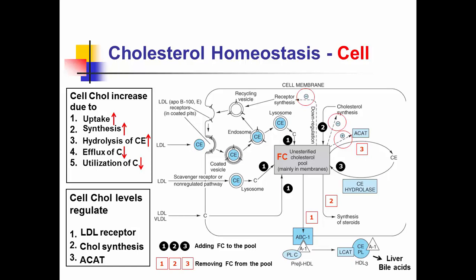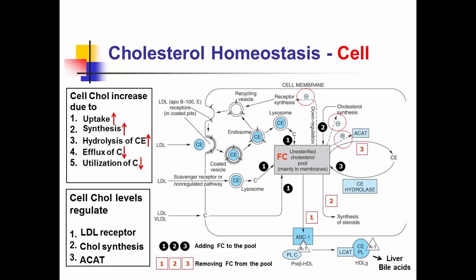And third, the hydrolysis of cholesterol esters. Remember, ACAT is the enzyme that esterifies cholesterol. The other enzyme, called cholesterol ester hydrolase, catalyzes the hydrolysis of cholesterol esters, converting the cholesterol ester to free cholesterol.